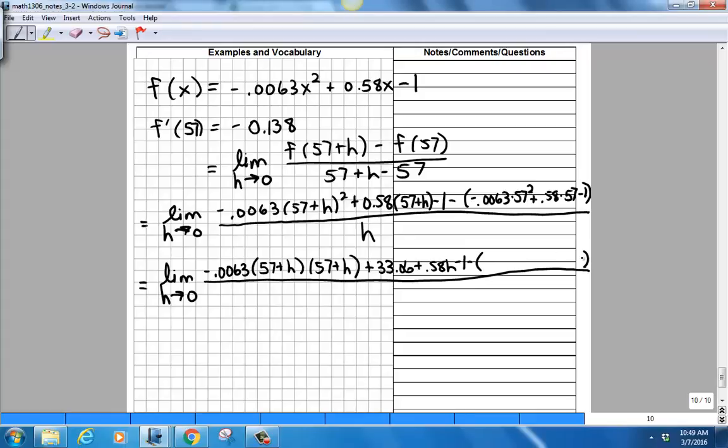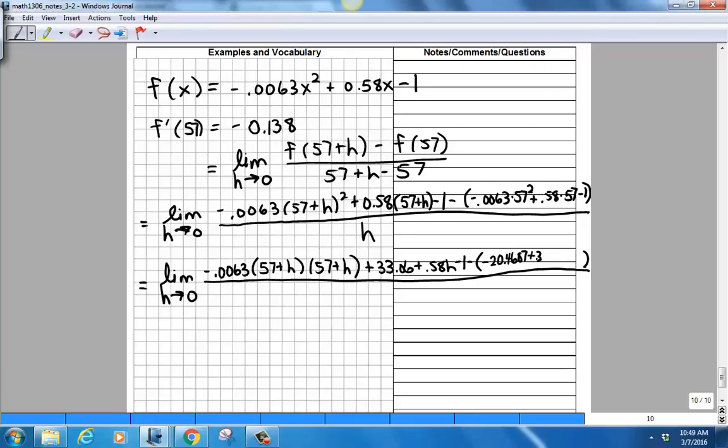Okay. So now y'all have to help me with this. So minus 0.0063 times 57 squared. Okay. So how much is that? It's going to be negative 20.4687. All right. I know what 0.58 times 57 is because y'all told me that.